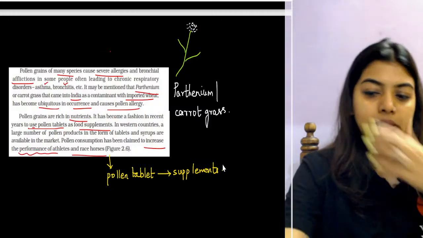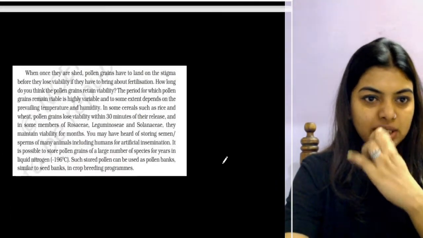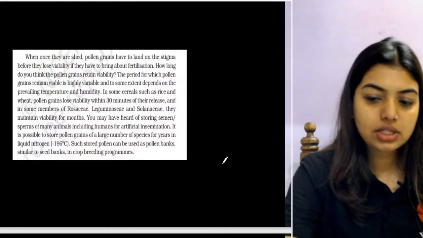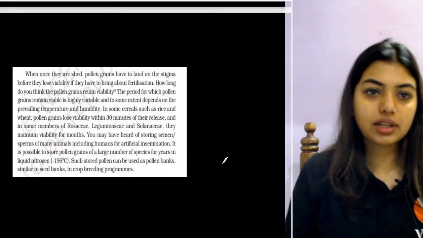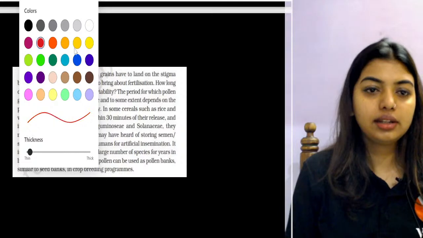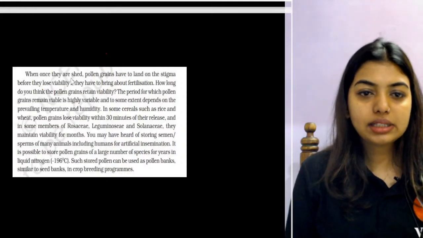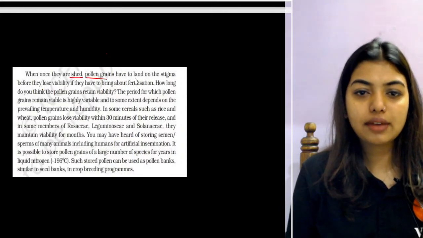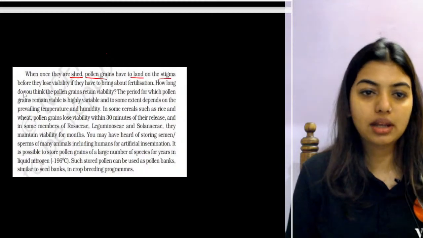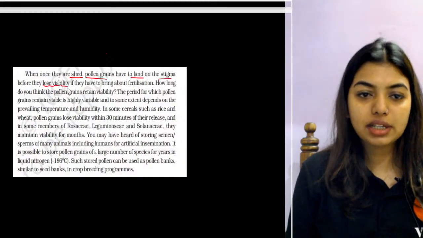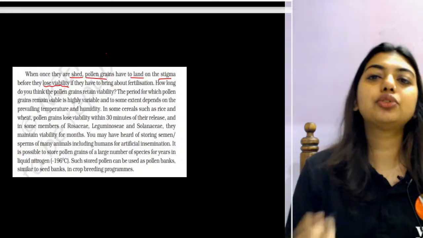Okay, now let's talk about how they will be preserved. Once they are shed, pollen grains have to land on the stigma before they lose their viability. Viability is the ability to fertilize, right?